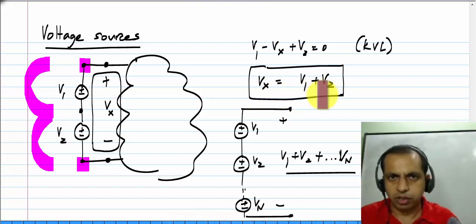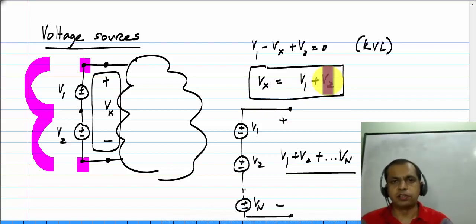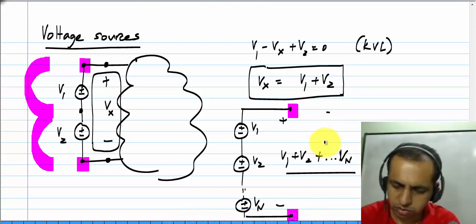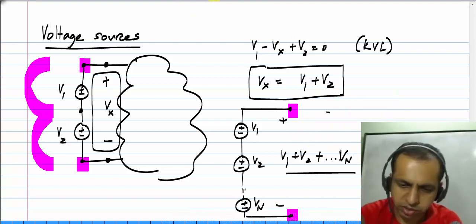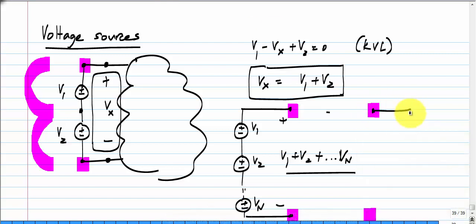It doesn't depend on the current. The Vx is V1 plus V2. So if you have a number of voltage sources in series, the result is also an independent voltage source, and the value of the voltage source is sum of all the individual voltage source values. So this must be pretty obvious. This whole thing between these terminals is equivalent to a single voltage source Vx, whose value is given by this summation.